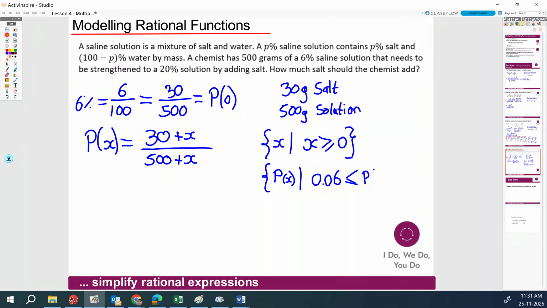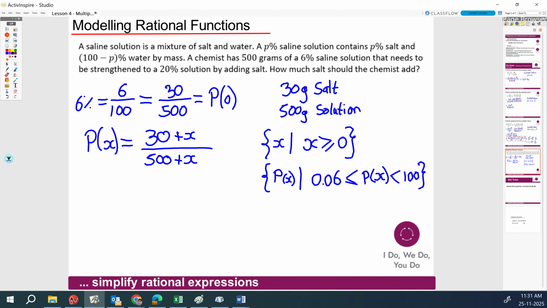Let's say in the test we were to put including 100, would we lose marks for that? Possibly, yeah. Think about the concepts: can we get to 100% by adding salt? We'll approach 100% as we approach infinity, but that's getting a bit silly. So this is the range of the function.